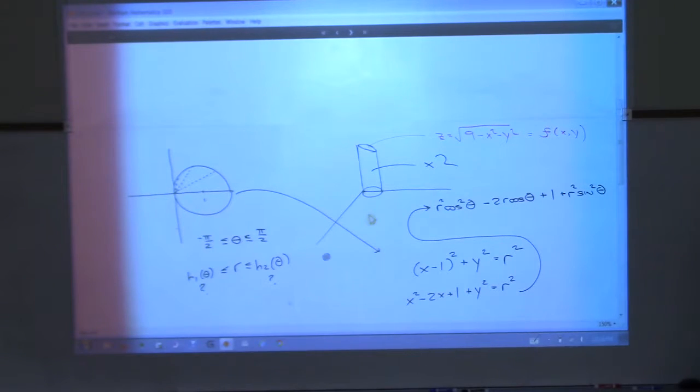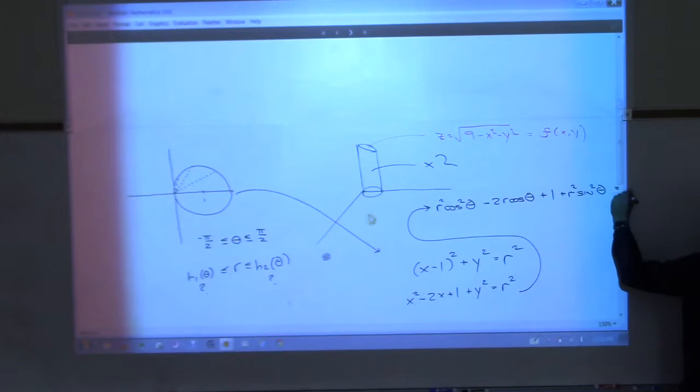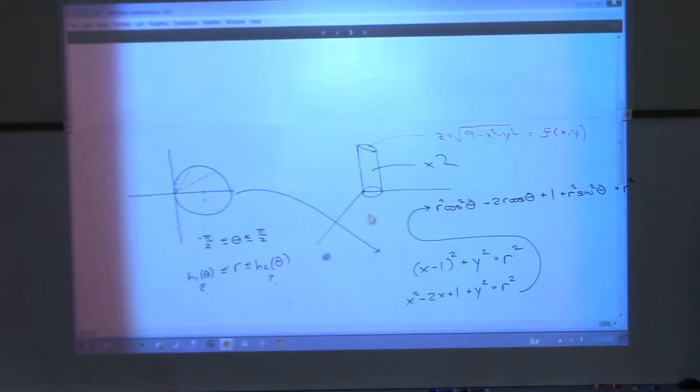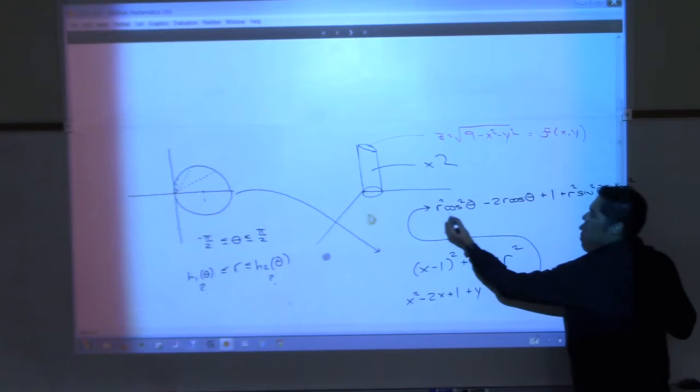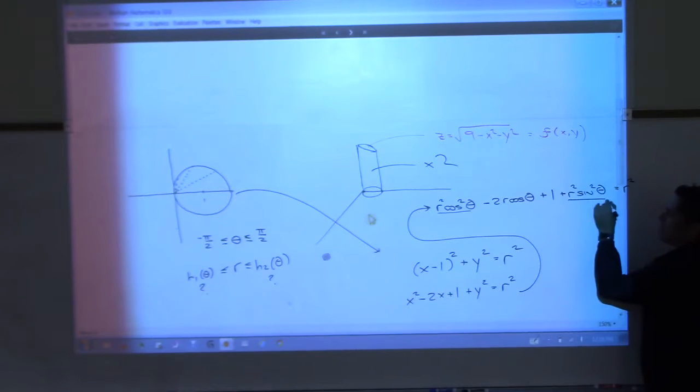Y'all still there? Equals r squared. I have an identity. Where is it? R squared cosine squared theta and r squared sine squared theta.